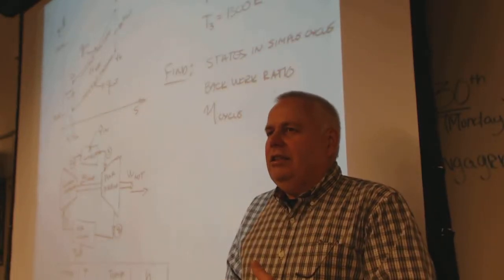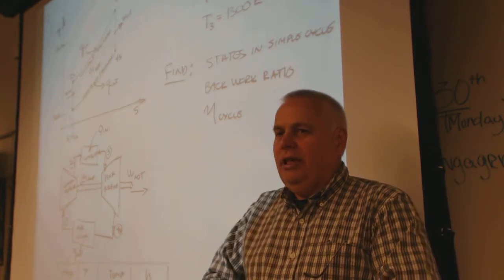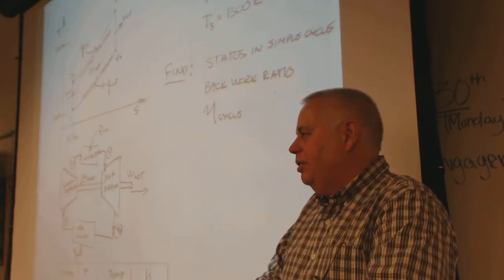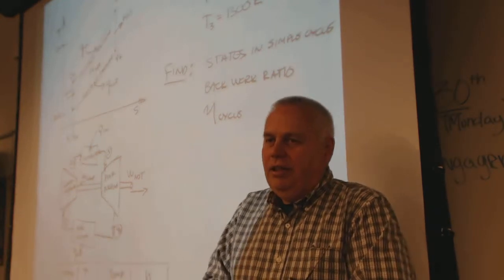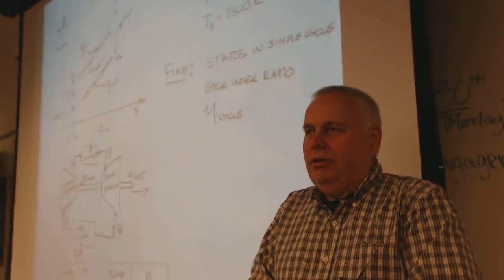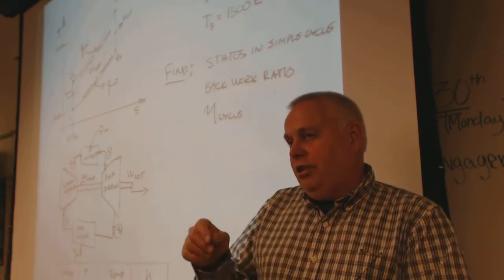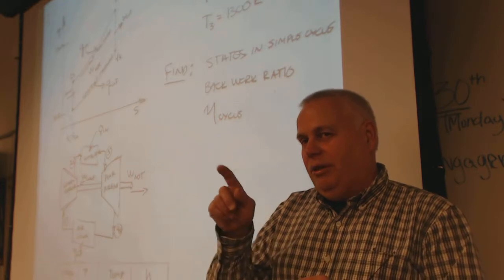But the real value in doing this is analyzing it like that. You can find out what's important, and it turns out compression ratio is really what drives the efficiency on a lot of these engines. For a Brayton cycle, it turns out that the pressure ratio matters; compression ratio was about volume, and the pressure ratio is about pressure.